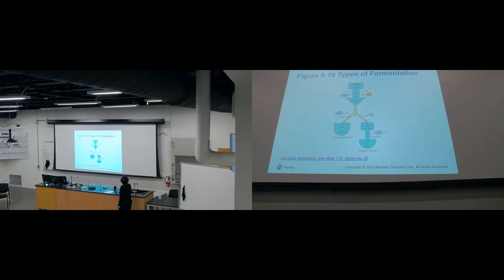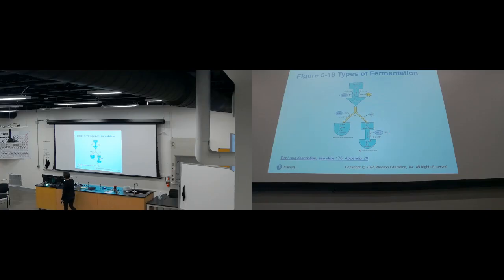So here we have the types of fermentation. Pyruvic acid can either produce lactic acid or ethanol. And again, it's a reduction process in both cases. In this case, pyruvic acid will be reduced into lactic acid. In this case, acetaldehyde will be reduced into ethanol.